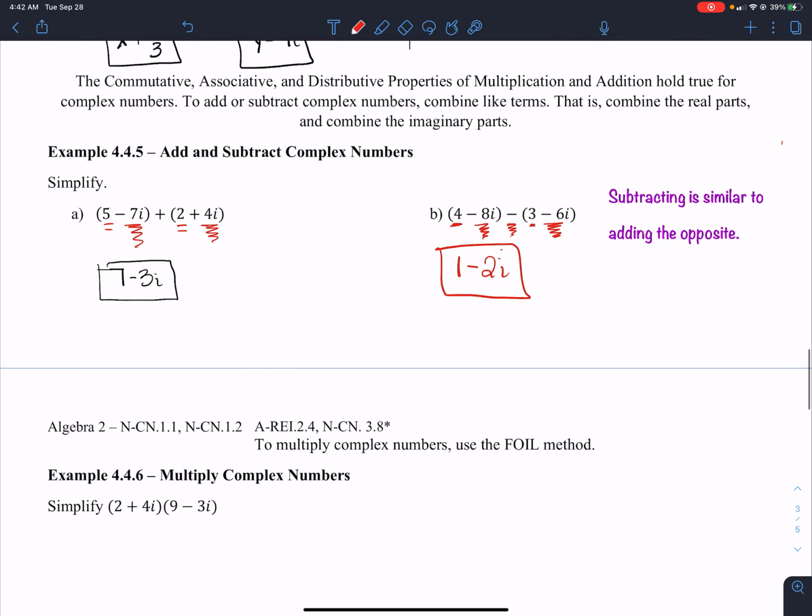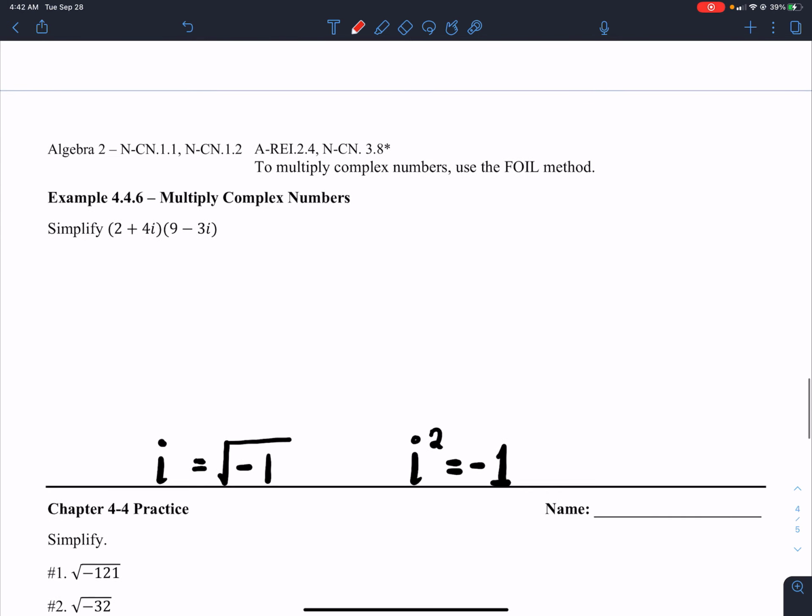Okay. All right. Last one that we are doing together is multiplying complex numbers. So this is where we did distribution. This is where we said we were going to take 2 times 9 minus 3i. And then we would do positive 4i times 9 minus 3i.